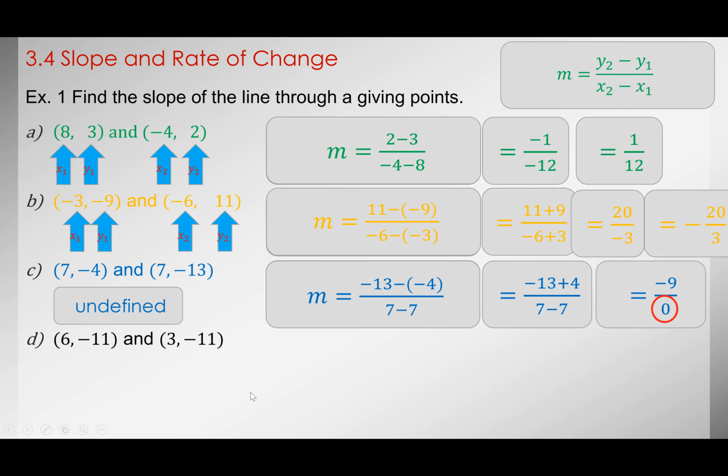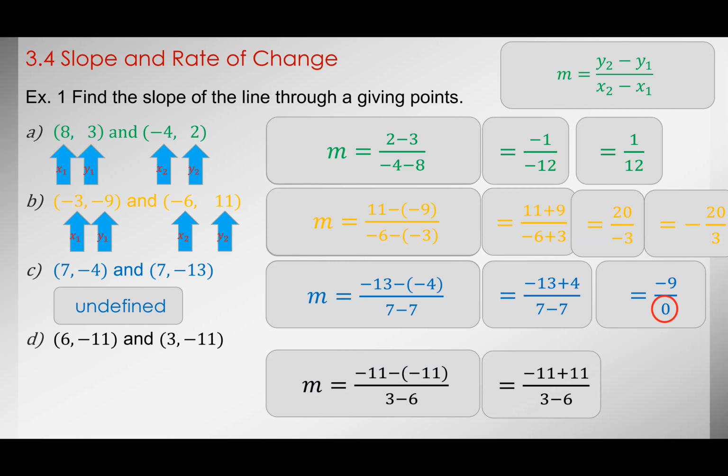And lastly, let's say I have 6 comma negative 11 and 3 comma negative 11. If you were to plug in, you will have negative 11 minus a negative 11 over 3 minus 6. Regardless of what you have, negative 11 plus 11 will give you 0.